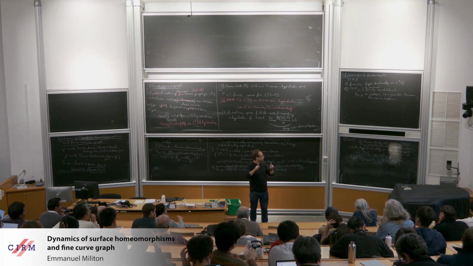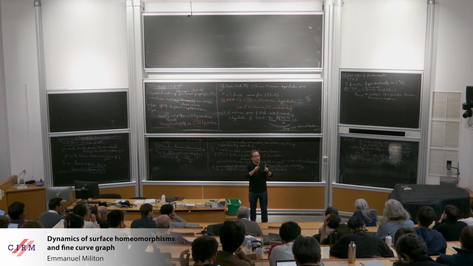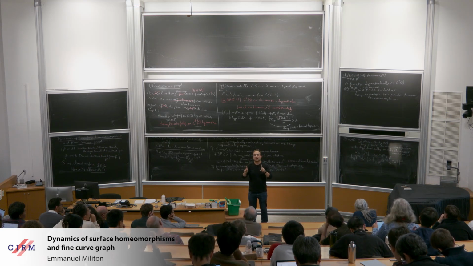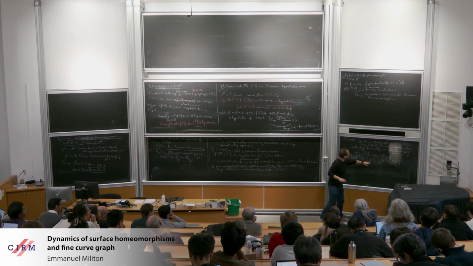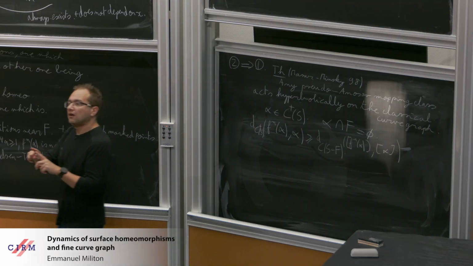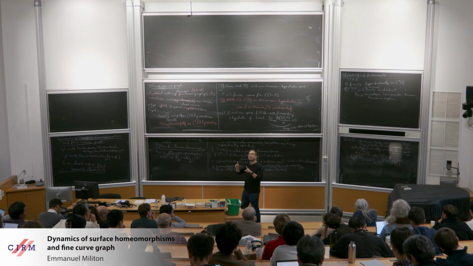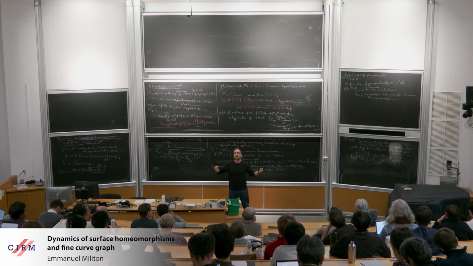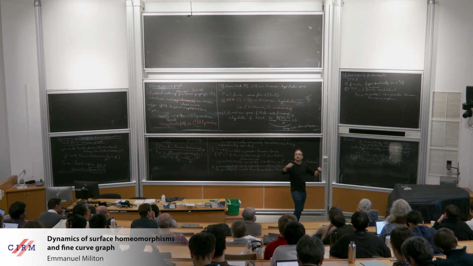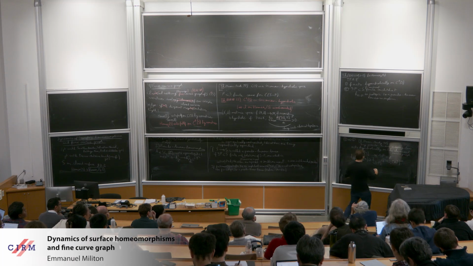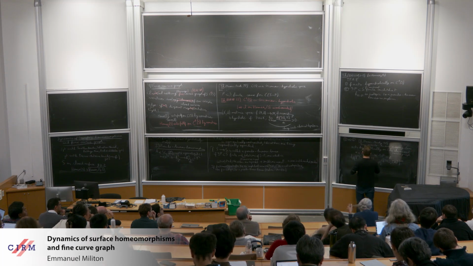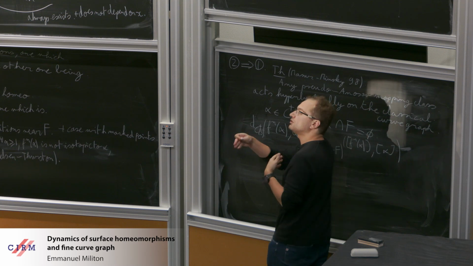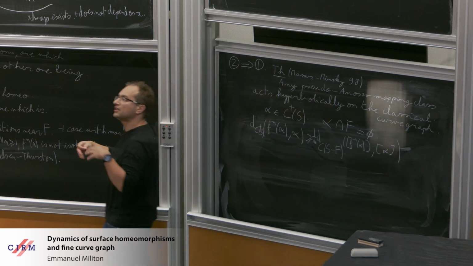So either these curves are different isotopy classes, and then they are distance 1 in this graph, or they are the same isotopy class, and in this case they are distance 0. So all you can do is contract distances. Of course, you have to make sure everyone in the geodesic avoids F, but you can do it by perturbing, and then you still have a geodesic.